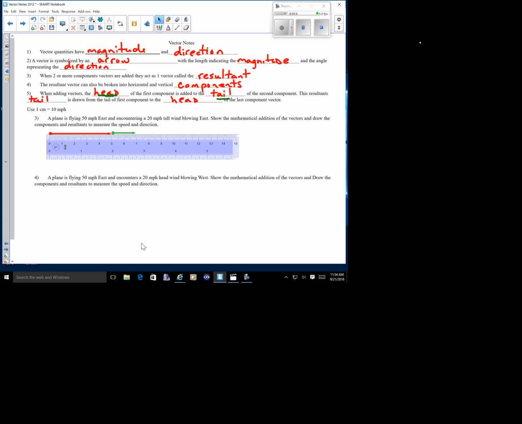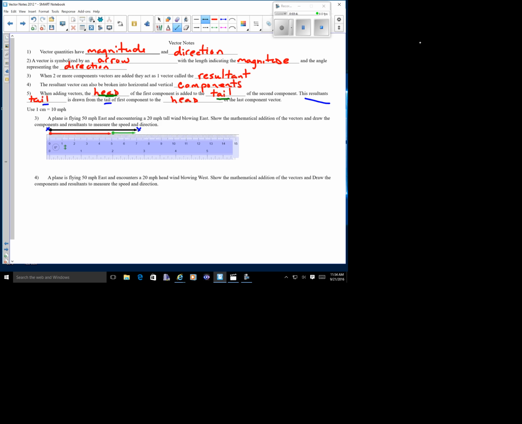I'm going to start from the very beginning and go all the way to the very end. Now, most of the time, you can just do ones like this in your head. If you notice, the resultant ends up being 7 centimeters. Well, 7 centimeters times 10 miles per hour per centimeter, that gives you 70 miles per hour. And since it's a vector, you must have a direction as well, and that means it's going east.